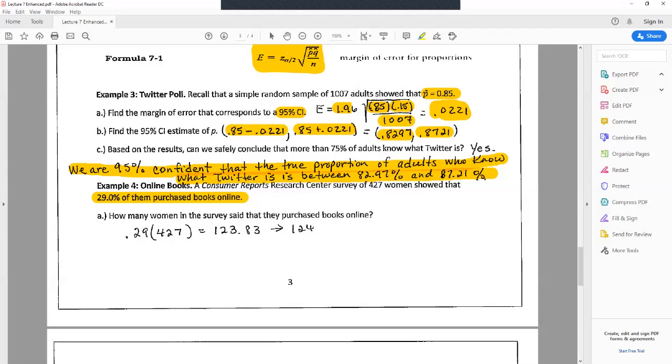Well, if 29% of the 427 women said that they purchased their books online, we would just multiply 0.29 times 427. And that gives us about 123.83. But as you know, when dealing with people, we always round up. So that means that 124 women in the survey said that they do indeed purchase their books online.